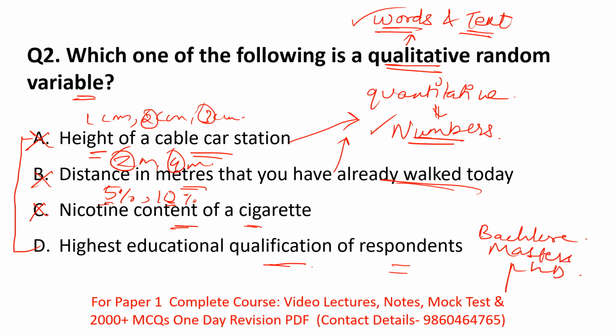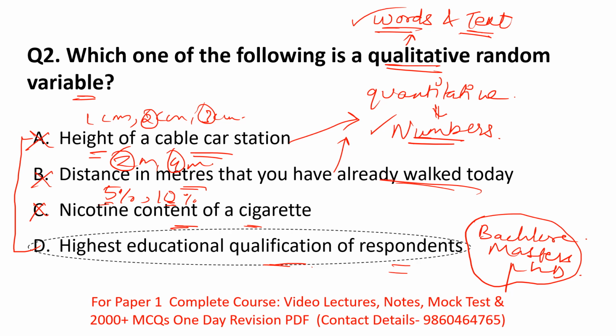So you are getting your answer in the form of words. That means it is related to a qualitative variable because it is describing their quality of education. That's why the correct option is option D, highest educational qualification of a respondent.